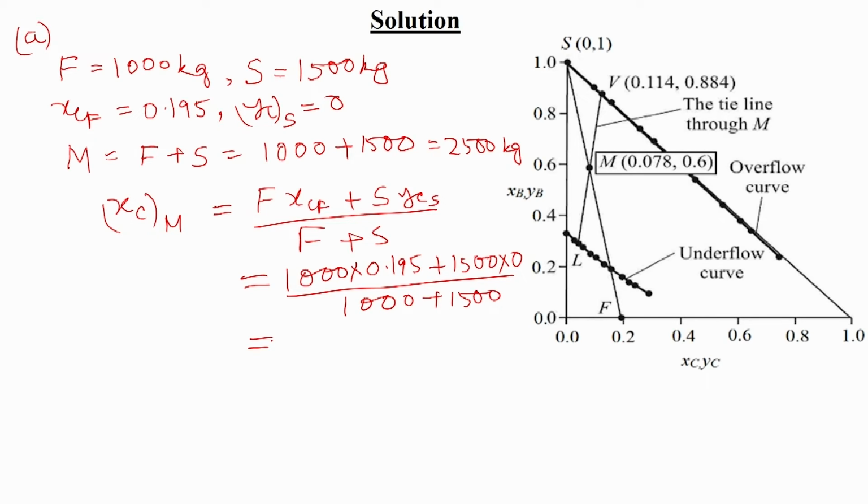So, it is coming out as a very small value, 0.078. So, we will now be getting these 3 points like this.